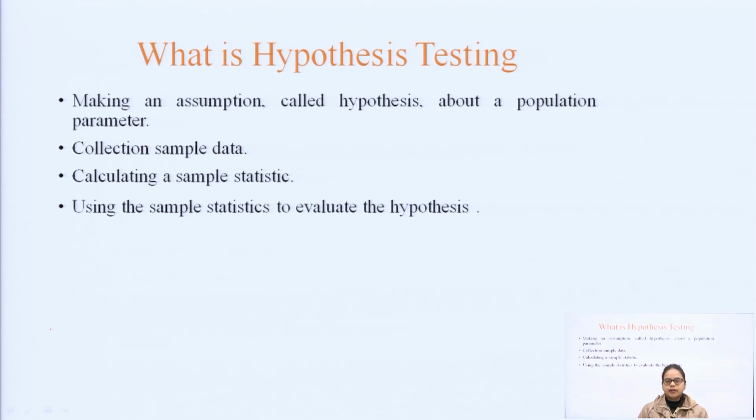Daily 100,000 cases are coming in Omicron. So, we make a hypothesis: in the next 2 days the cases will rise to about 10 lakhs or 20 lakhs. This is a normal example of a hypothesis, when we assume something on the basis of some past results.